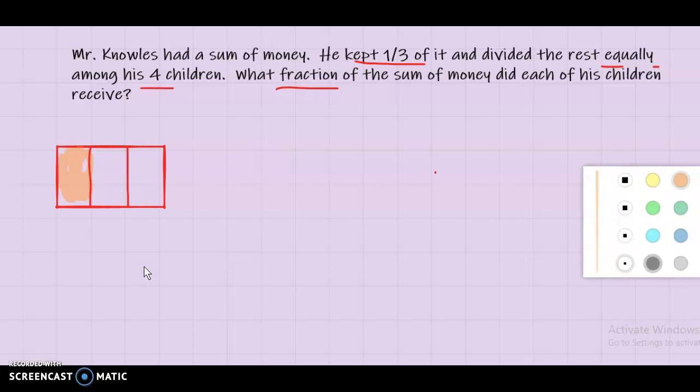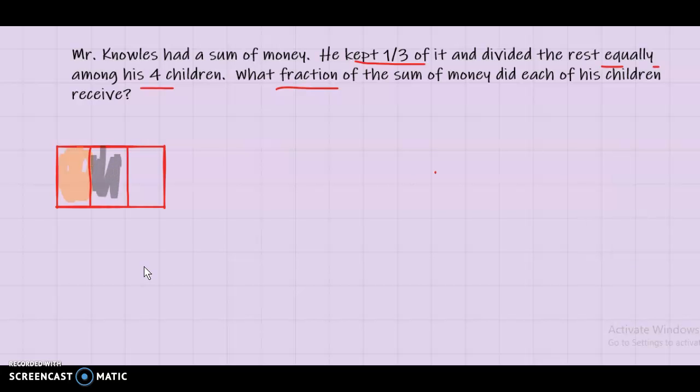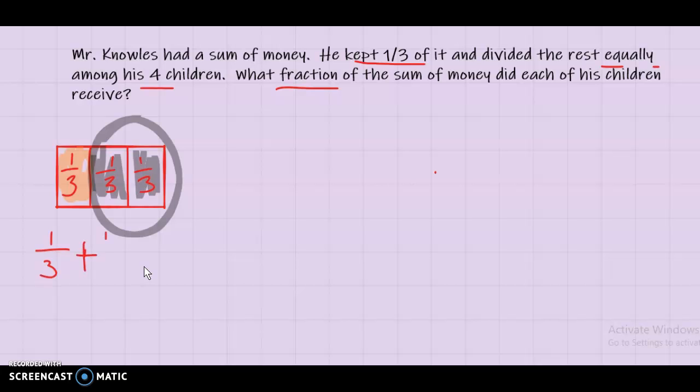And the rest is what he divided among his 4 children. So this is the part that he divided equally, and this is what he kept, and this is what he divided equally. 1/3 plus 1/3, just add numerators and keep the denominator, and this is 2 of the thirds.